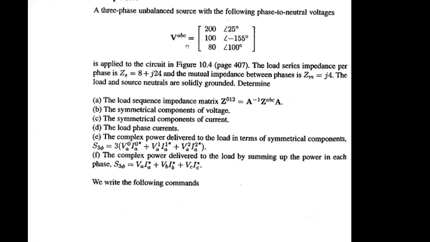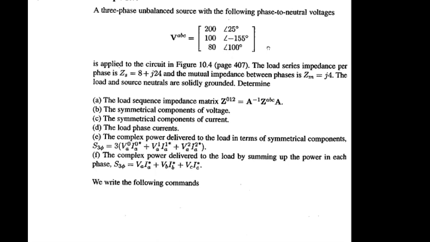So here you can see some voltage which is given in terms of which domain? ABC, right? And if it is in ABC domain, is it balanced or unbalanced from that given information? Unbalanced. How can you justify that it is unbalanced?